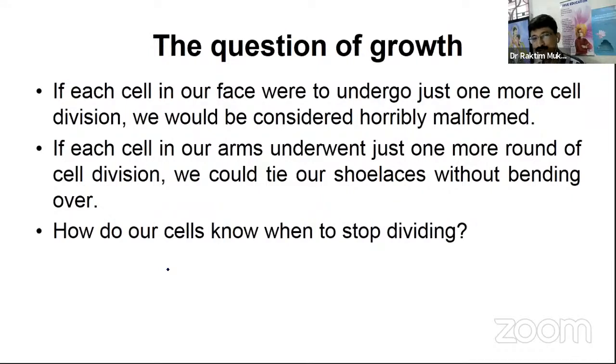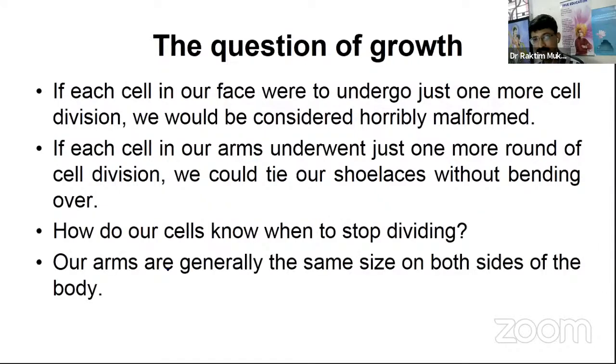So likewise, students, have you ever thought how our cells know when to stop division? Who is instructing them? Can you now stop dividing? That's interesting. And finally, one last question: how is cell division so tightly regulated?